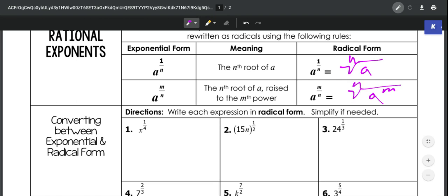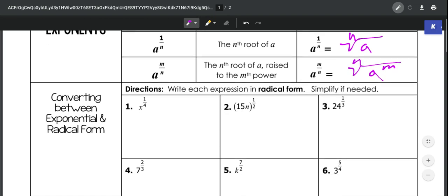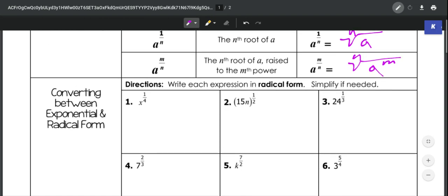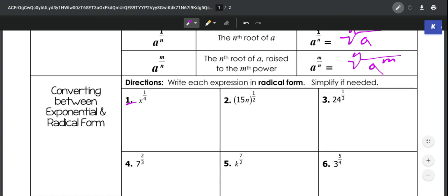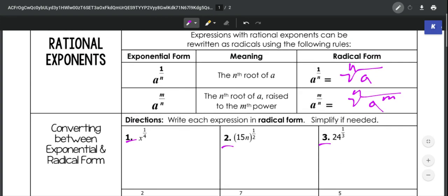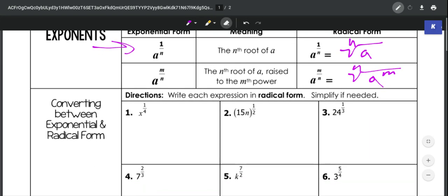Let's look at some examples. Numbers 1, 2, and 3 will be exactly like the first group. When you have 1 on the top of your fraction, those are always just going to be written as a radical of a, and whatever the denominator is, that's your index.